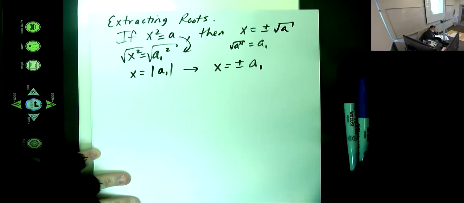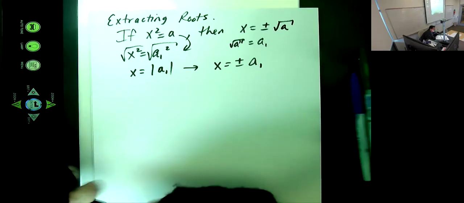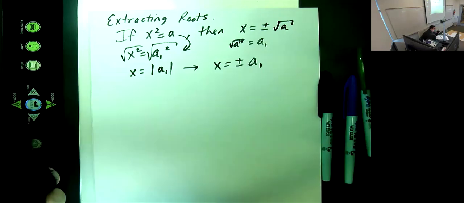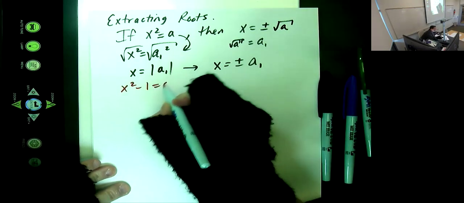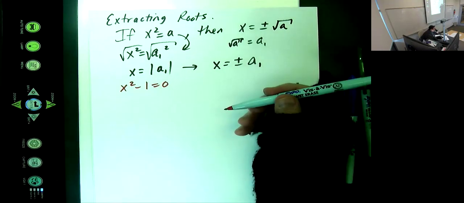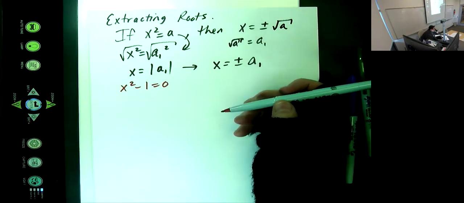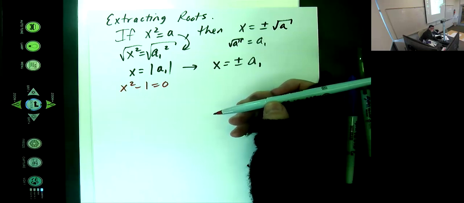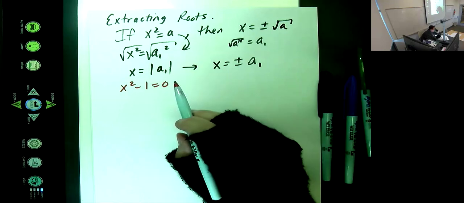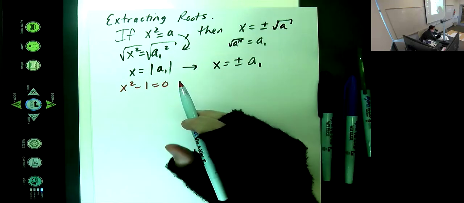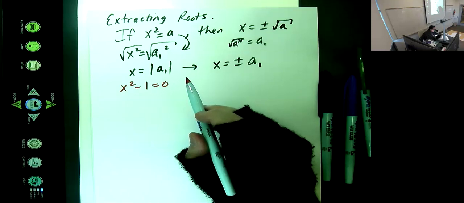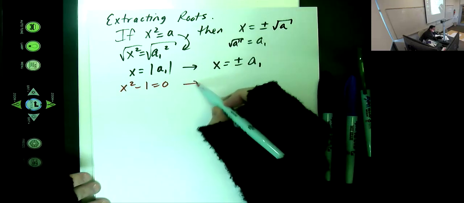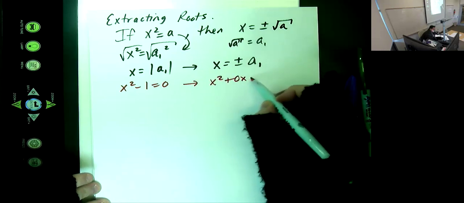How's that help us? We'll make it easy to start with. Now we have a method for dealing with this, don't we? Without doing extraction, this is a difference of squares, or we could even do factoring. This is the same thing as x squared plus 0x minus 1 equals 0.